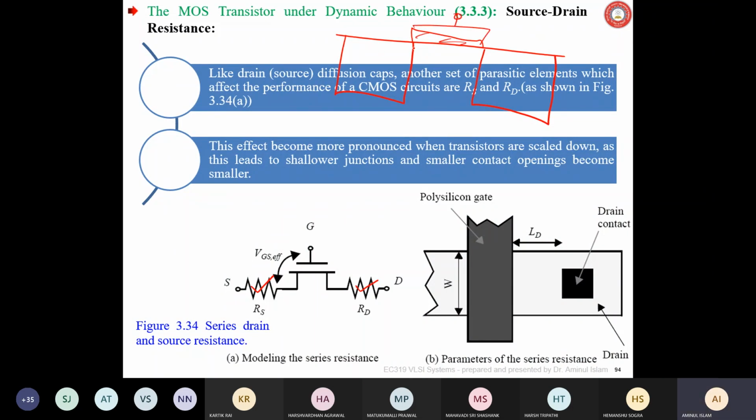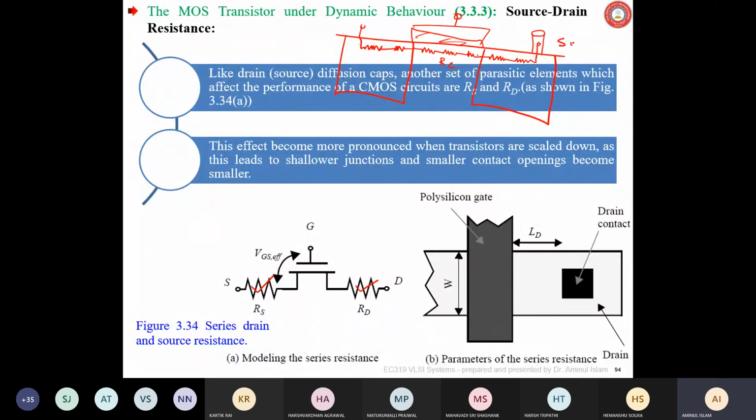We said that you have the channel, it is having channel resistance RC. Just now in the previous slide we saw RC is there. In addition to that, this region also is having resistance. It is not a conductor like copper or aluminum. It will be having resistance, and this contact made here is also a hole made through the silicon dioxide.